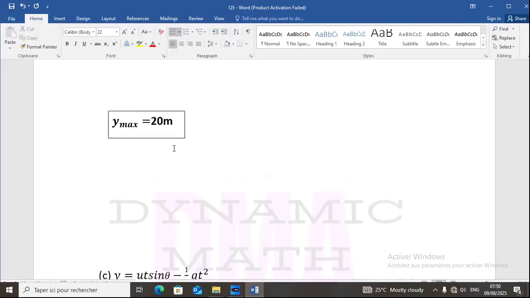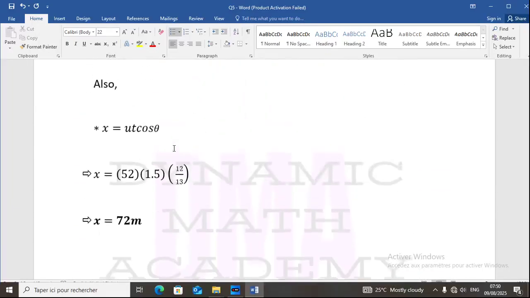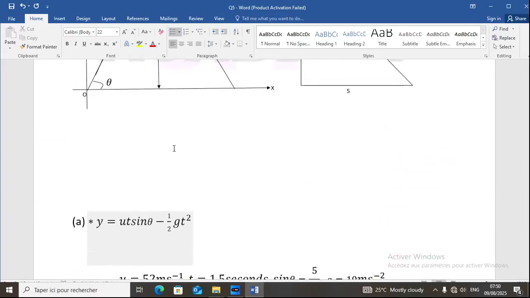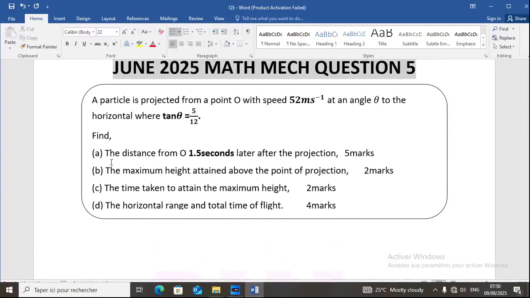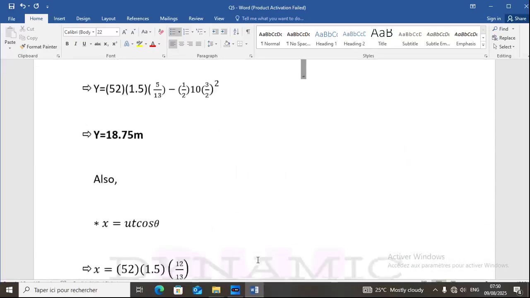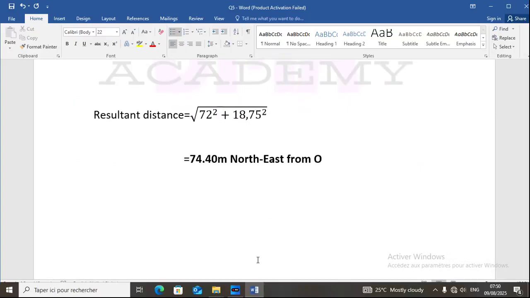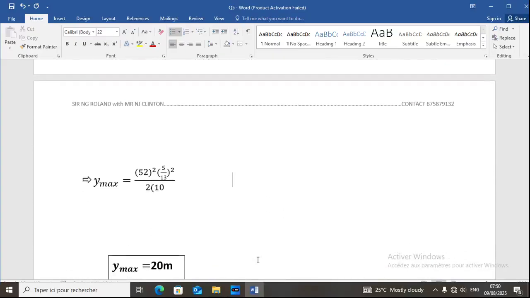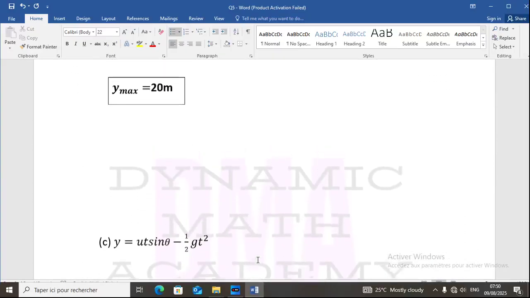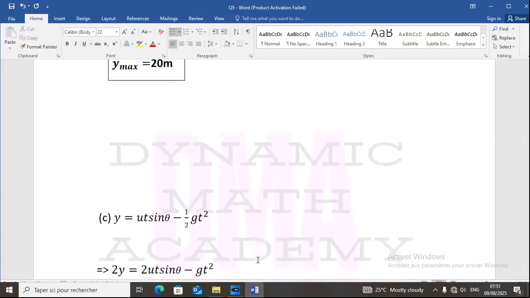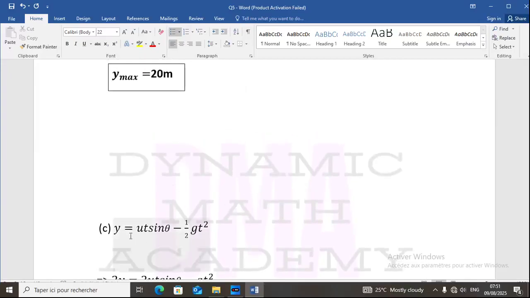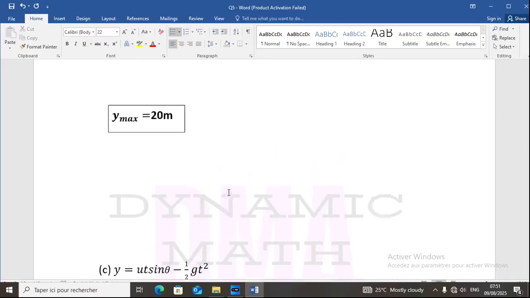Now, that was all for the B part. For the C part, we are asked to look for the time taken to attain the maximum height. So the time taken to attain the maximum height, we are simply going to apply the formula.